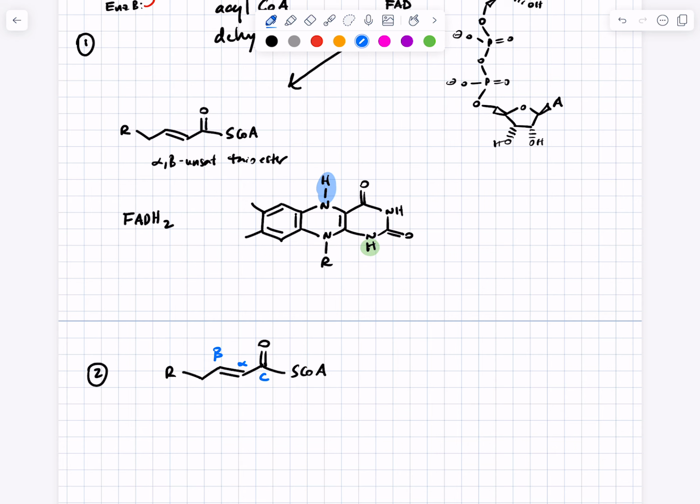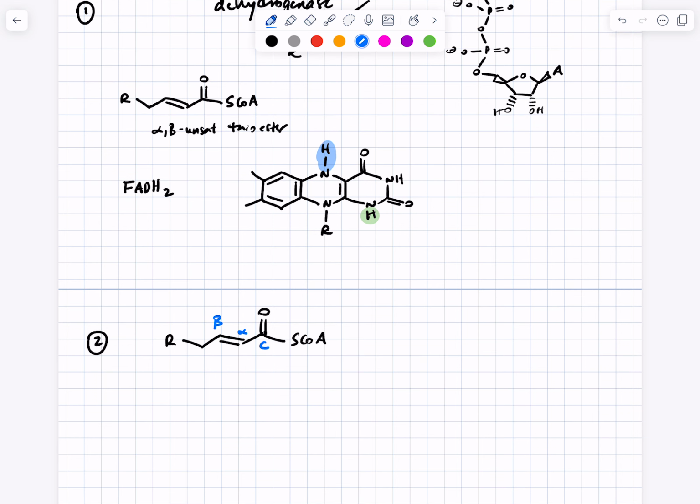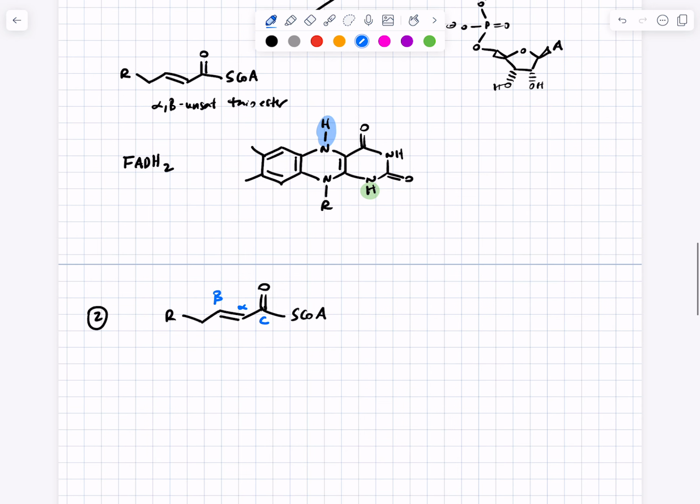You've seen nucleophiles attack the beta carbon before. You've seen nucleophiles attack the alpha carbon. The second step of fatty acid beta oxidation involves what we'll say is conjugate addition of water to the beta carbon.